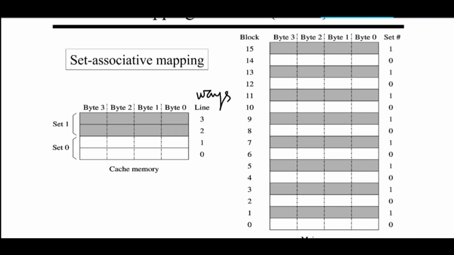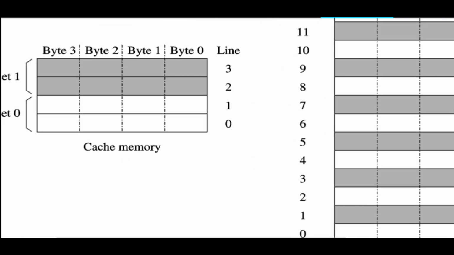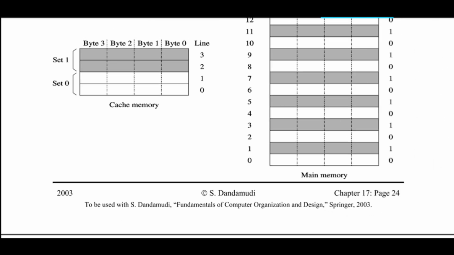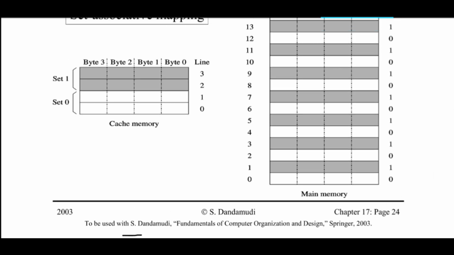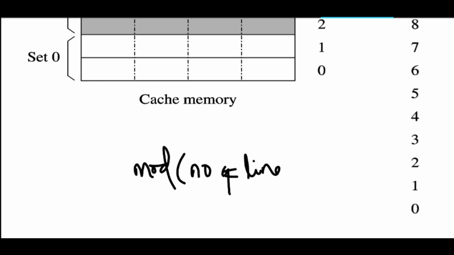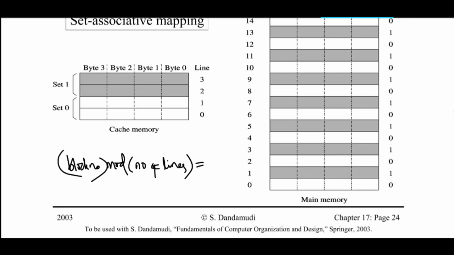Another thing you may be asked is why this is a hybrid approach. How can you prove this is a hybrid approach? Let's prove it. You have already discussed direct mapping. In direct mapping, for addressing, we just take the modulus function: block number modulus number of lines.